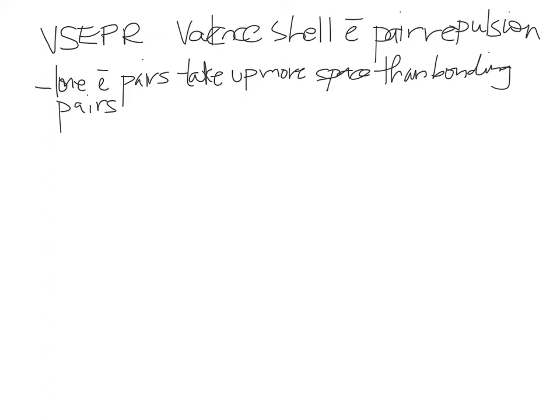So before we get started, a couple of things you need to know about the structures that we're going to draw. A is going to represent our central atom. Usually this is the one with the highest combining capacity.